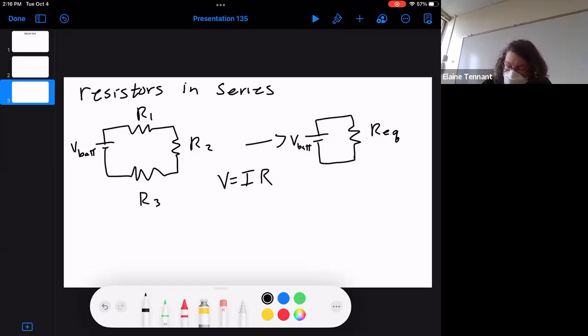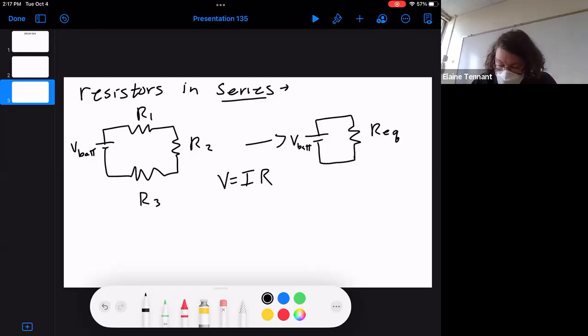And really quick, can someone tell me what the definition of series is? Resistors that are connected directly to each other. So there's no branching paths, right?